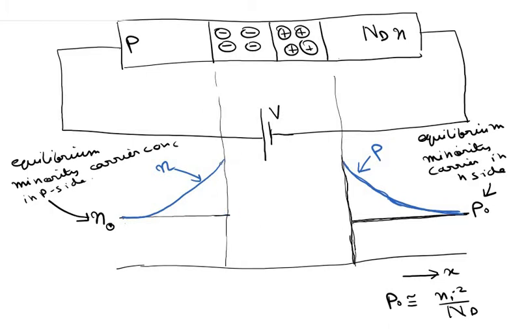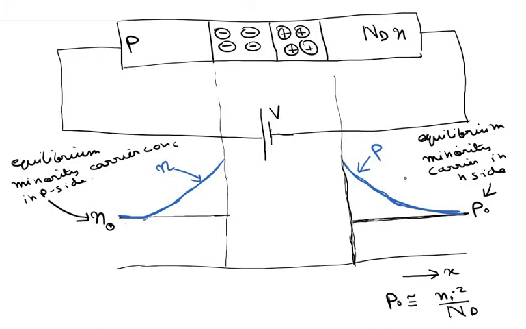As we gradually move away from the depletion region, the excess minority carrier concentration gradually gets nullified, and far away from the junction everything is in equilibrium, and the excess minority carrier concentration actually coincides with the equilibrium minority carrier concentration. Okay, so this is what happens during forward bias, which I have drawn in blue color.